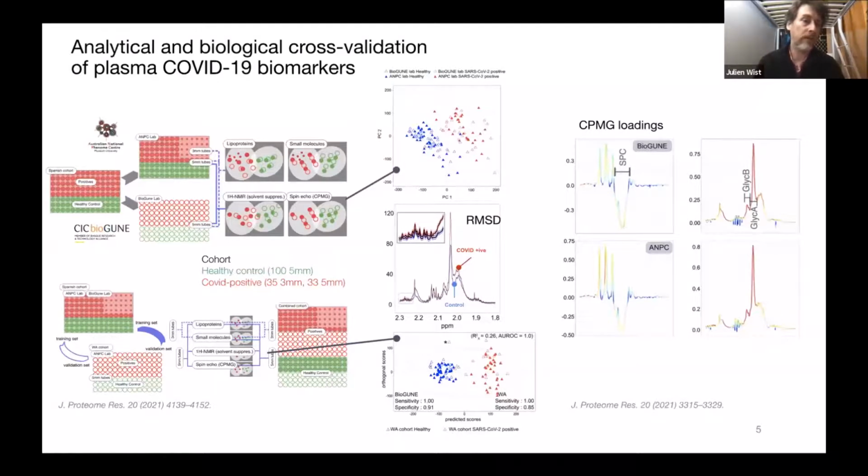So it means that we analyzed the samples in both laboratories and compared the results, and you can see in the middle panel that the scores obtained now with a slightly larger cohort are very reproducible.